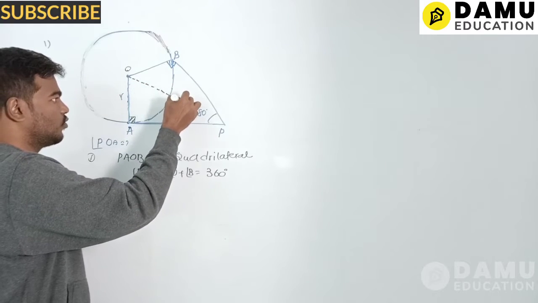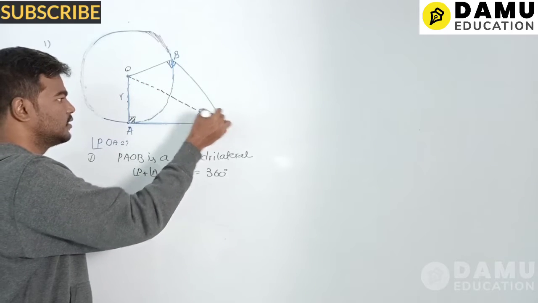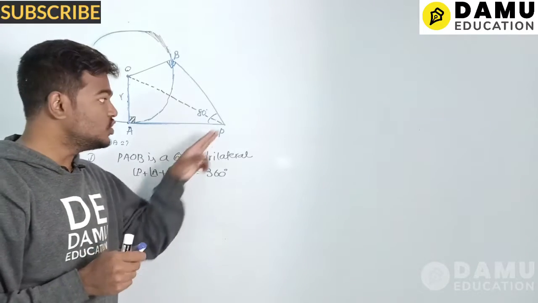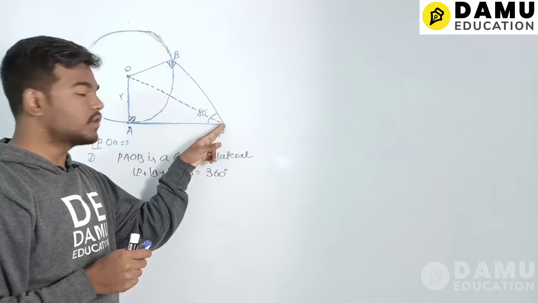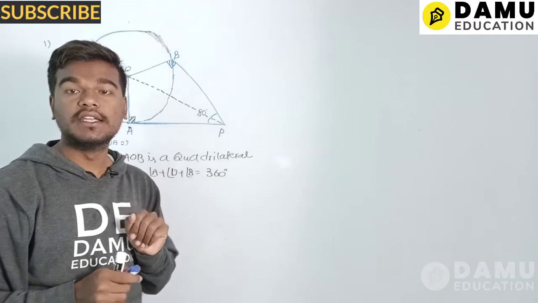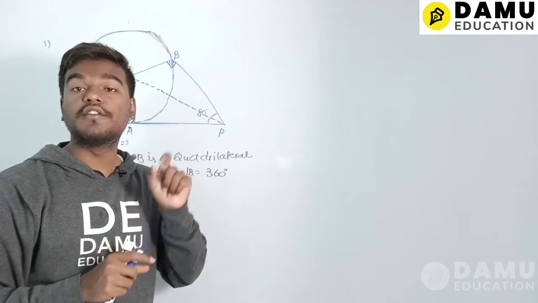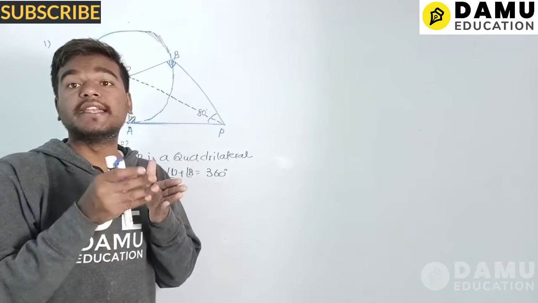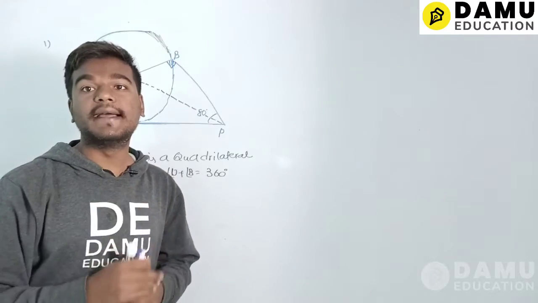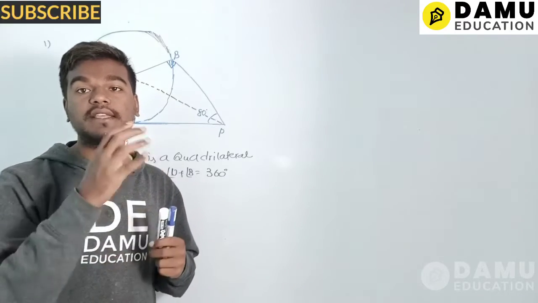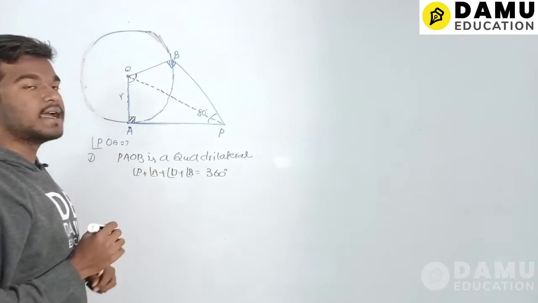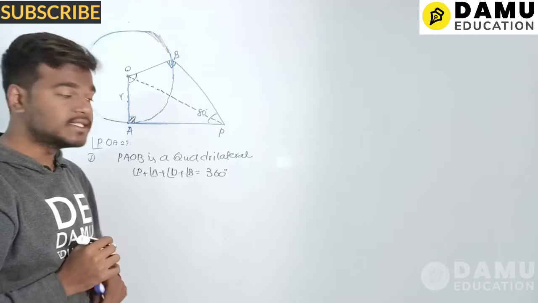If you draw a line from the tangent point to the center, that line will bisect the angle at the center. That means it will divide it into two angles, and the two angles are equal.